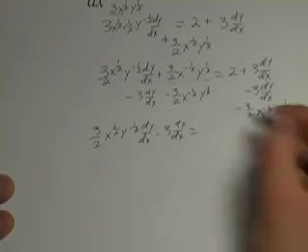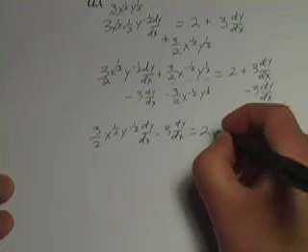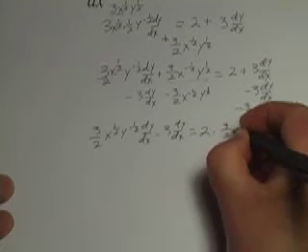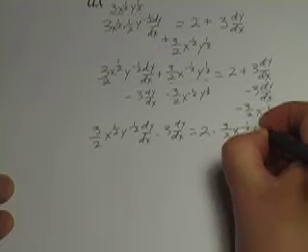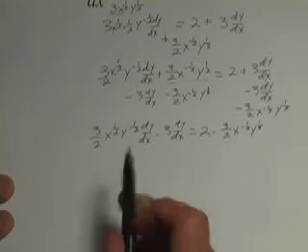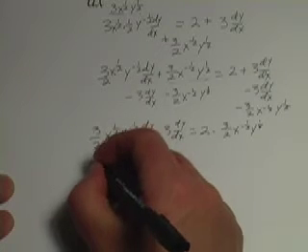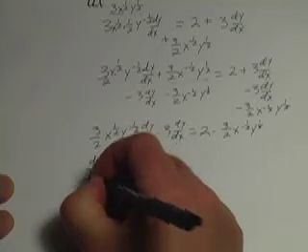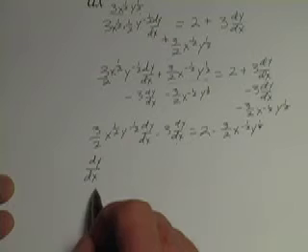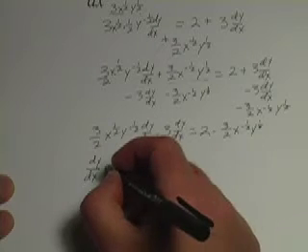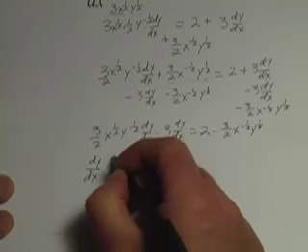And on the other side, we're going to have 2 minus 3/2 x to the negative 1/2 y to the 1/2. And now we're going to pull this dy by dx out like a factor. And this actually is what we're looking for. That signifies the derivative of this thing in terms of x. So we're solving for this.